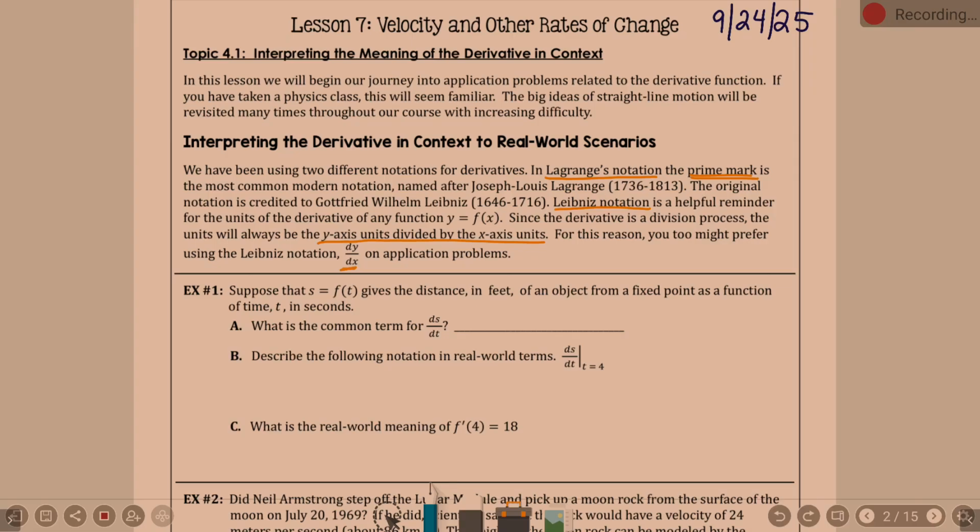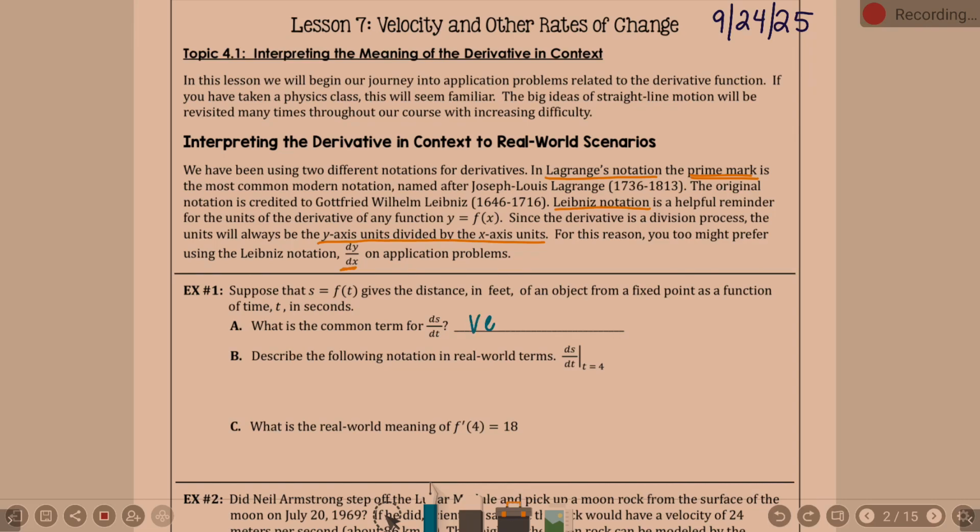When you go from distance to a rate, think physics here. I'm realizing that I'm not asking it exactly right. Basically, we're looking at the fact that the derivative of distance is going to be velocity.